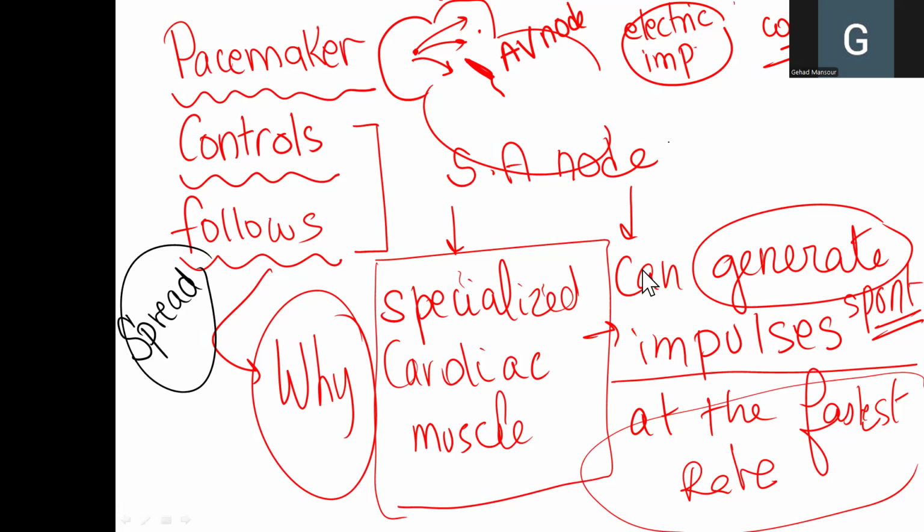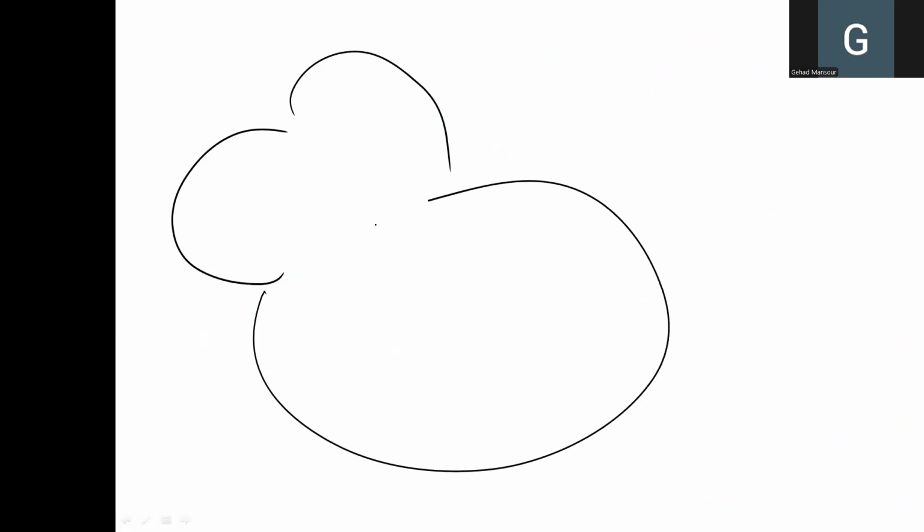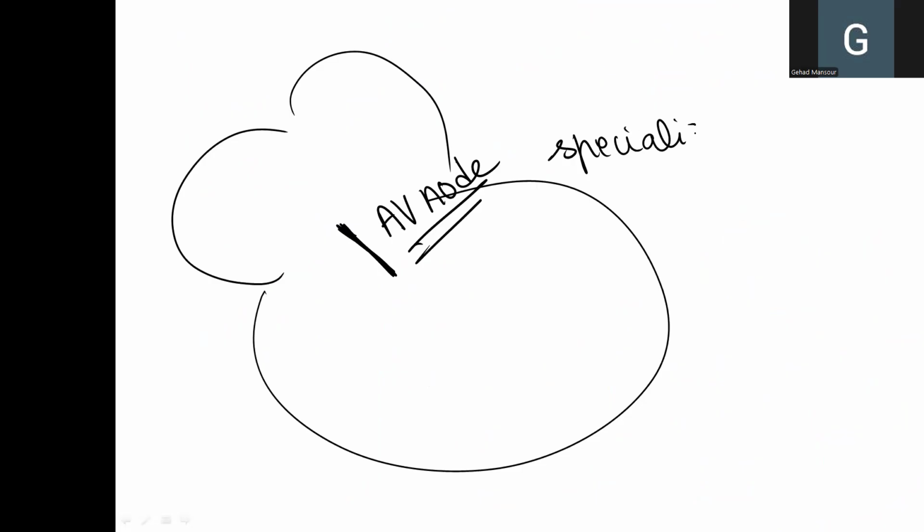And here I have to mention two important things. The first thing is the atrioventricular node. The atrioventricular node is another specialized cardiac tissue, meaning that it also can generate electric impulses on its own.